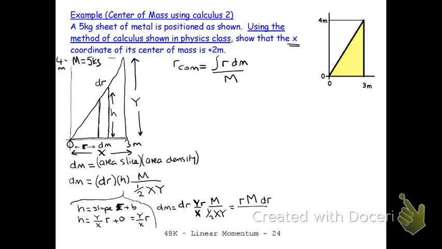I have 1/2 x squared. So I got my dr's in there, my y cancelled out, my little r's in there, my M's in there, my x is in there, my half's in there, which gives me 2M r dr over x squared. Okay, so let's take that.